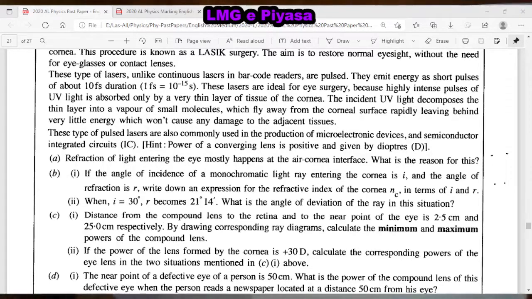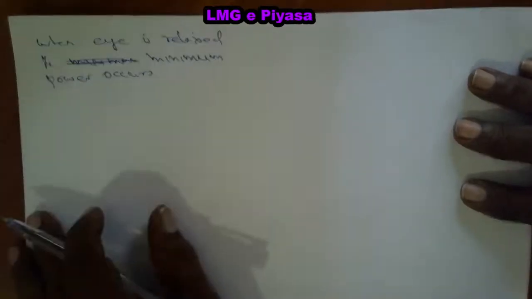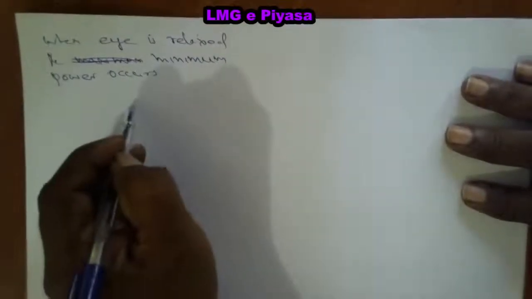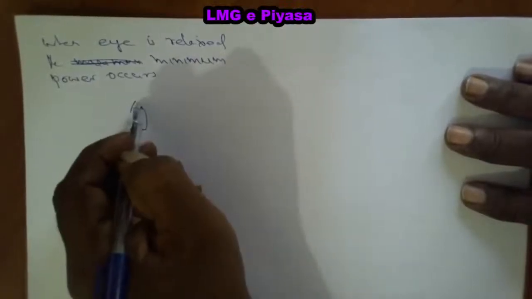Minimum power occurs when the eye is relaxed, that is for parallel rays.